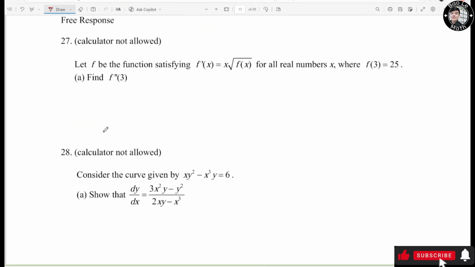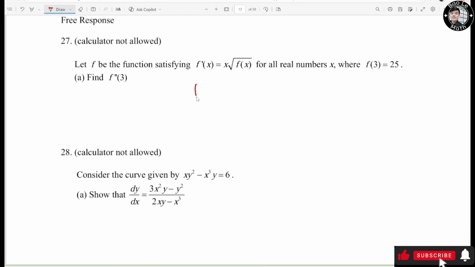Now let's move on to question 27. Let f be the function satisfying f prime of s equals s square root of f of s for all real numbers s, where f of 3 equals 25. We need to calculate the second derivative of f of 3.